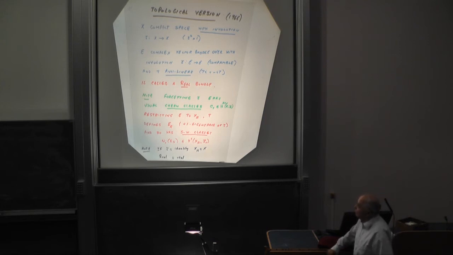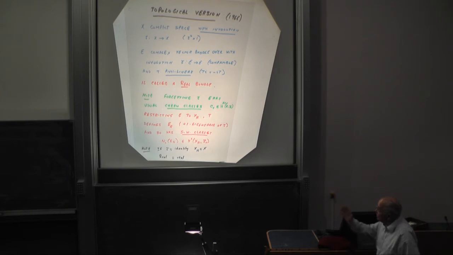And I use capital R to distinguish it from ordinary real bundles, little r, which are just a naive thing when the vector spaces are real vector spaces, and you just mimic the complex story. So this is what distinguishes them.